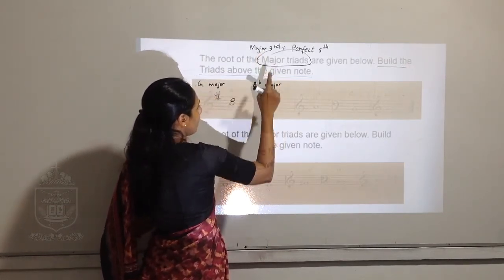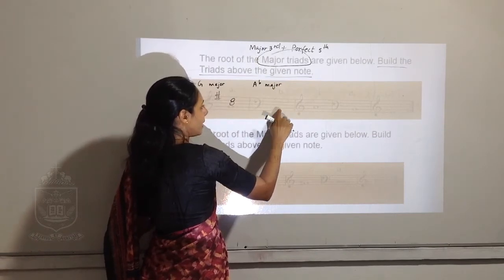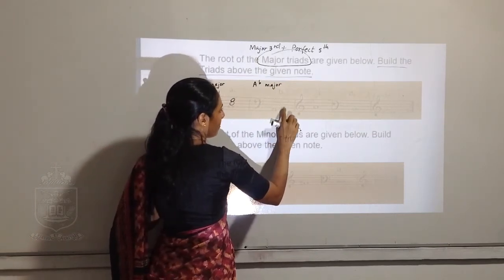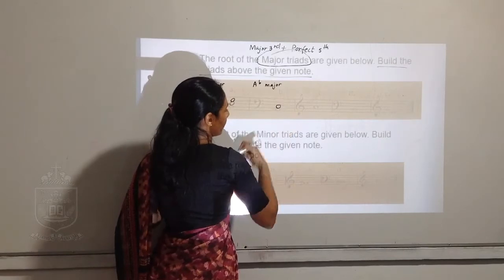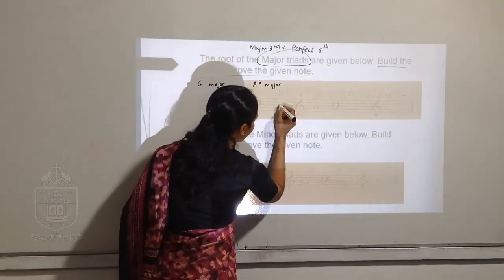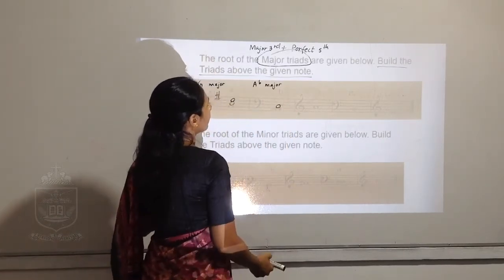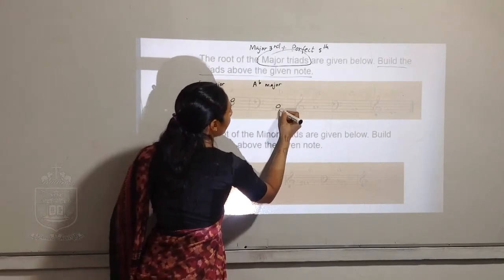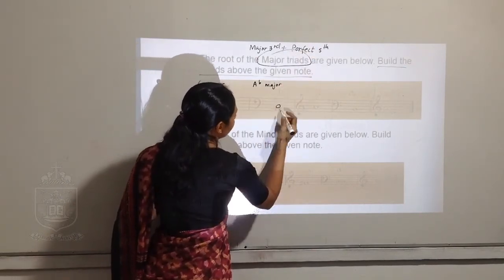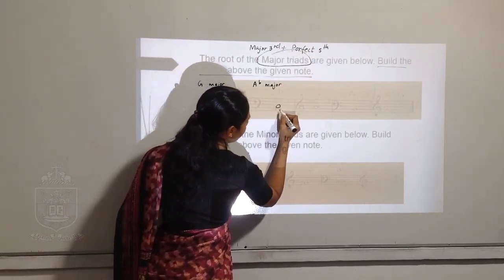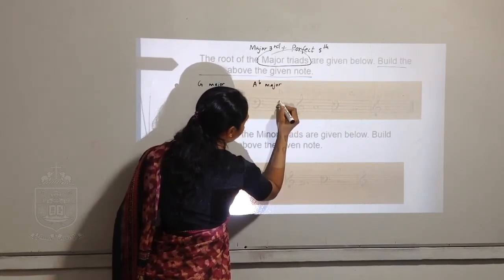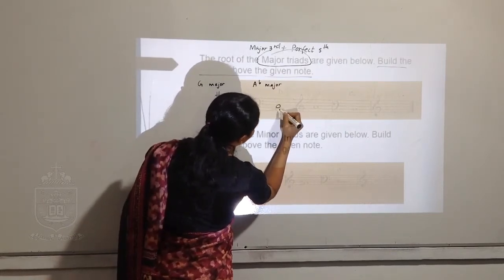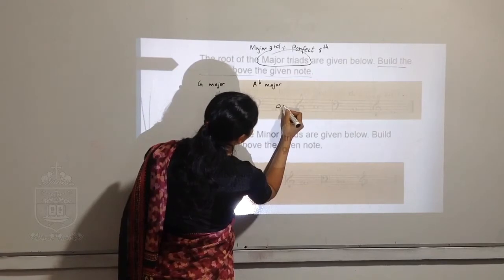We follow this one, major third, from A to A, B, C, third. From here to fifth. We have to take from here to fifth. 5 notes. 1, 2, 3, 4, 5.